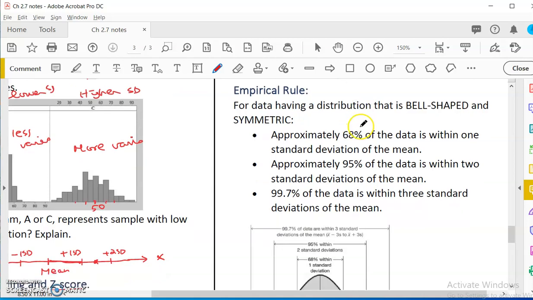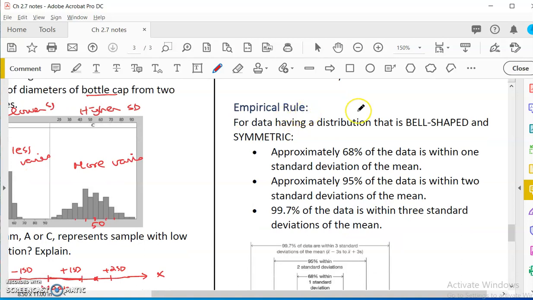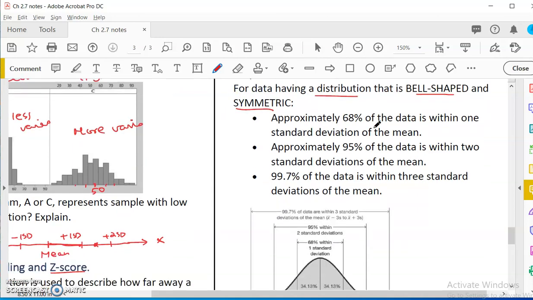The next thing we want to talk about is something called the empirical rule. This is the use of a z-score to actually find about what percentage of the data is within a range of the value. The empirical rule applies to a distribution that's bell-shaped and symmetric, and sometimes we call it normal distribution.